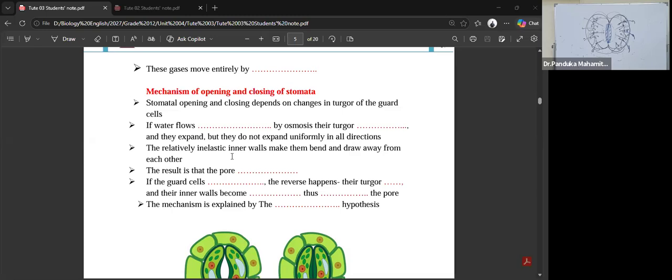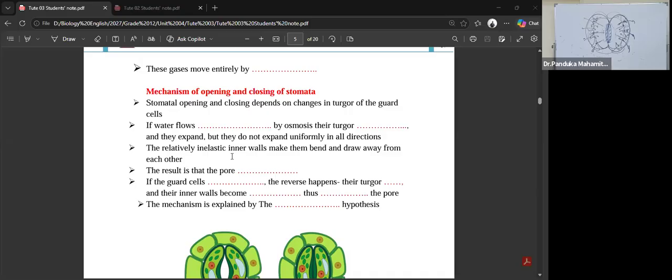Increased or decreased? Turgor increases. Just imagine you are blowing a balloon. What happens when you inflate the balloon? You are inserting the air into the balloon and the turgidity increases, right? The strength increases, right? So the same thing happens in the cell also.